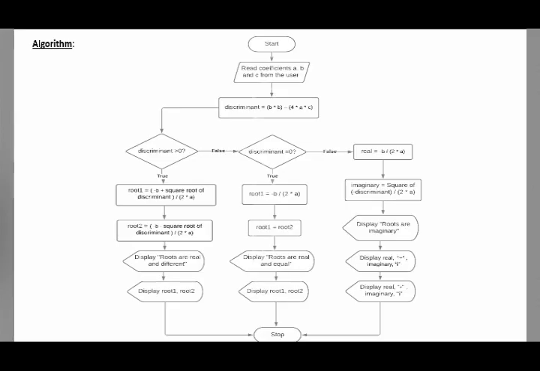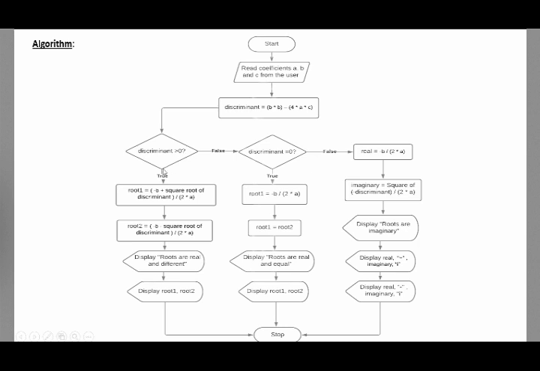Then let's look at the algorithm. This is the kind of control flow we are going to be referring to. We'll read the coefficients a, b and c from the user, and then we calculate the determinant, which is b squared minus 4ac, and then we perform these actions: we describe if the determinant is greater than 0.